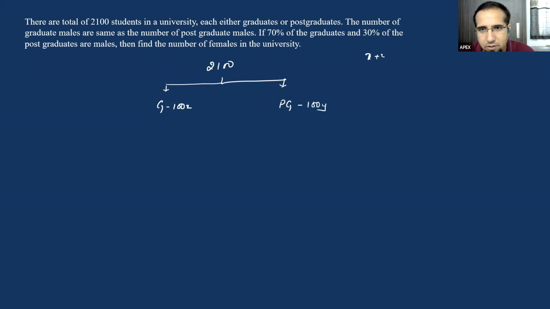So we know that x plus y is equal to 21 because 100x plus 100y is equal to 2100. Okay. Now 70% of the graduates and 30% of postgraduates are males. 70% of graduates becomes 70x is equal to 30% of postgraduates is 30y, or we get x by y as 3 by 7.